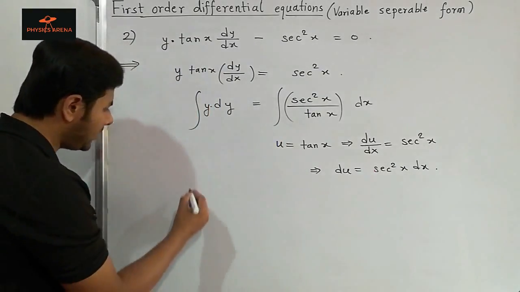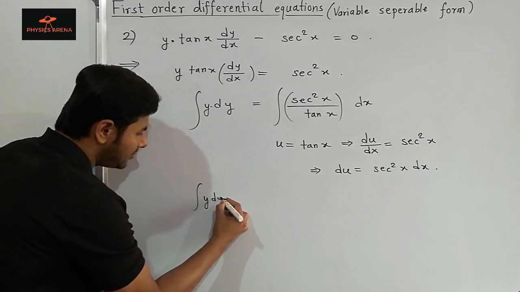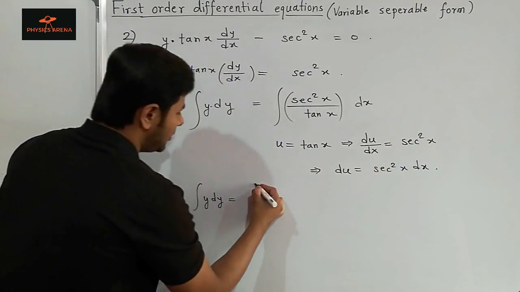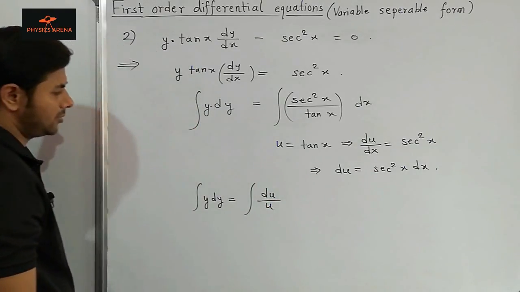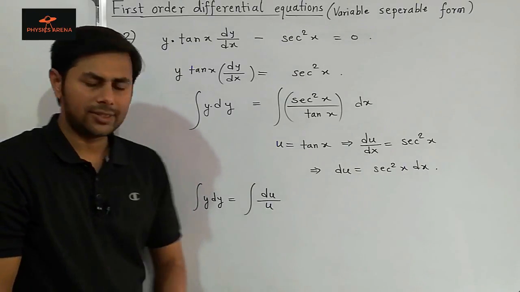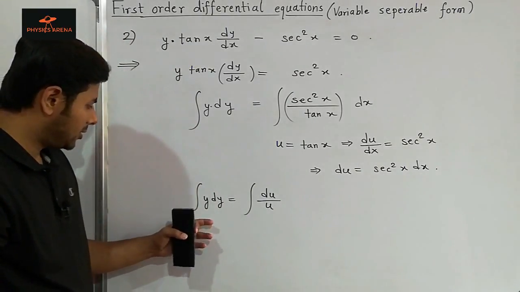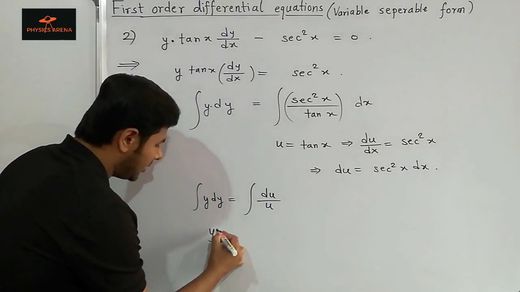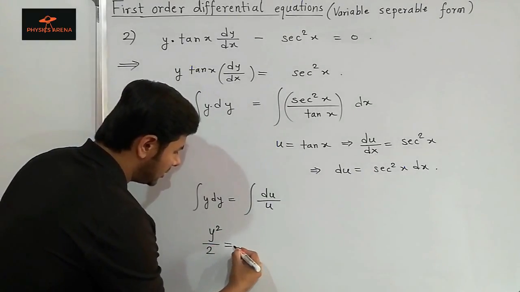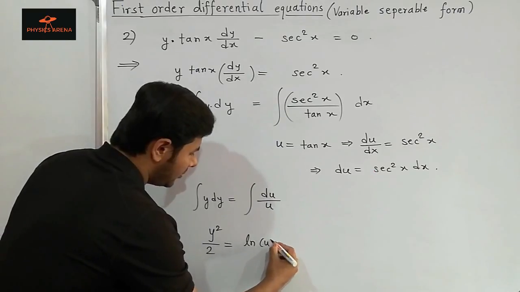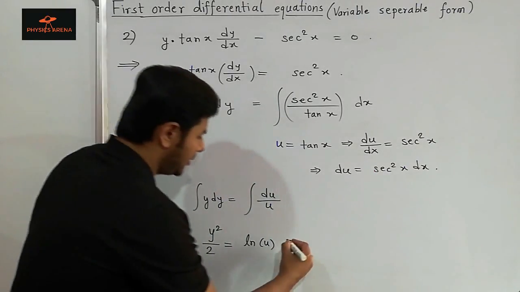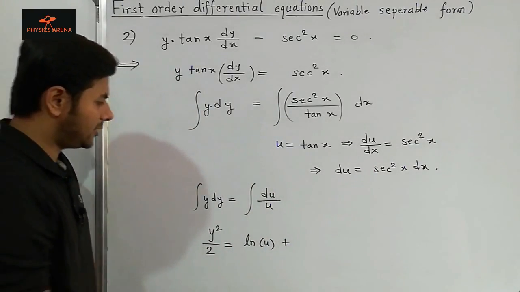Okay, so we have y dy equals to du over u, and now the integral is simple on both sides. So on LHS we have y square divided by 2 equals to, on RHS we have log of u, and let's have some constant c.